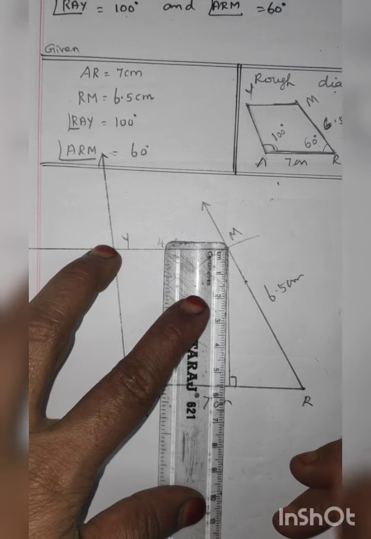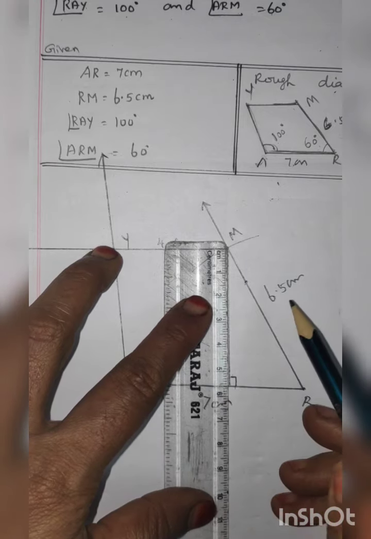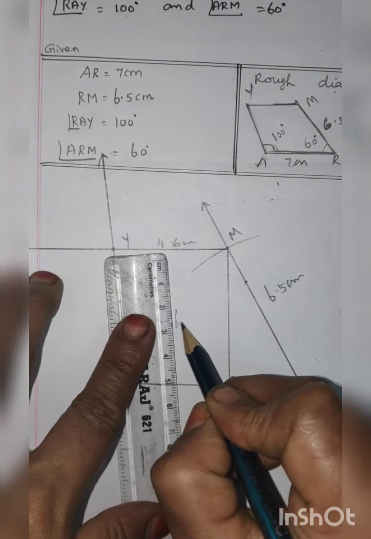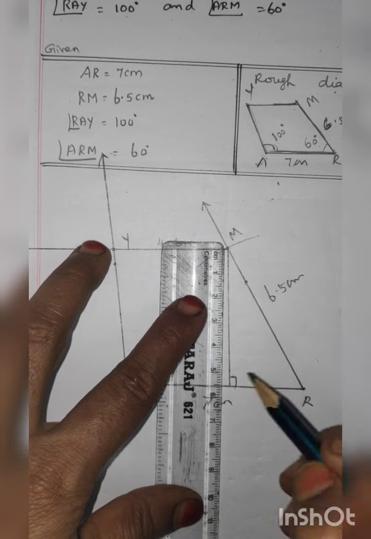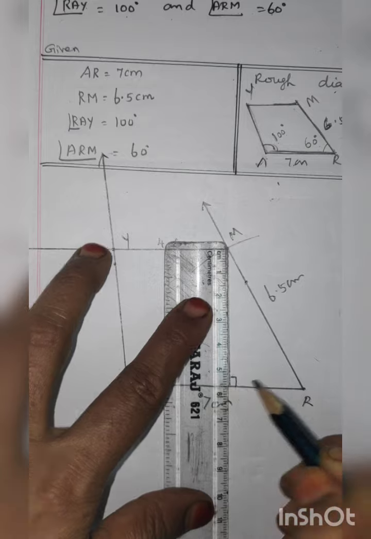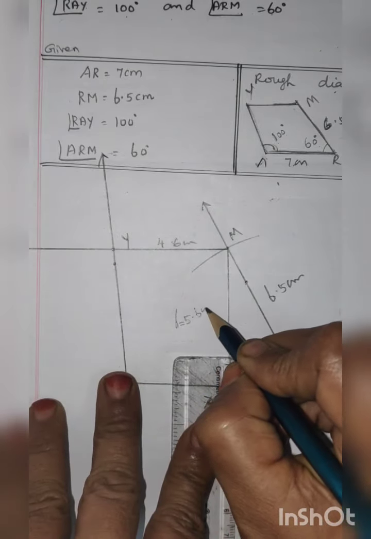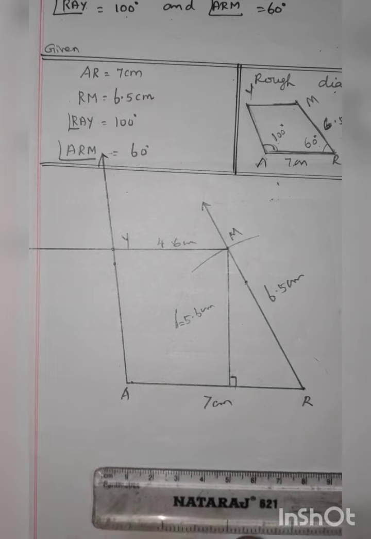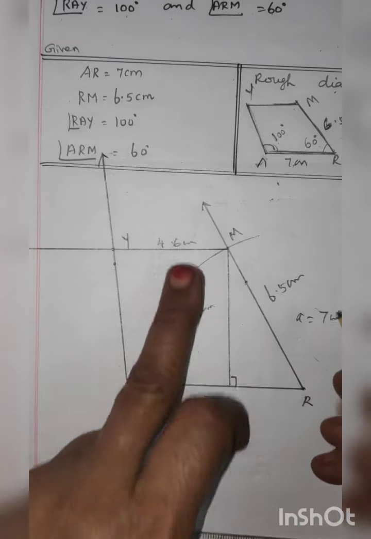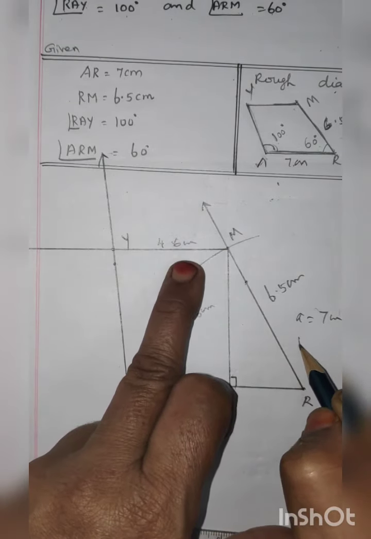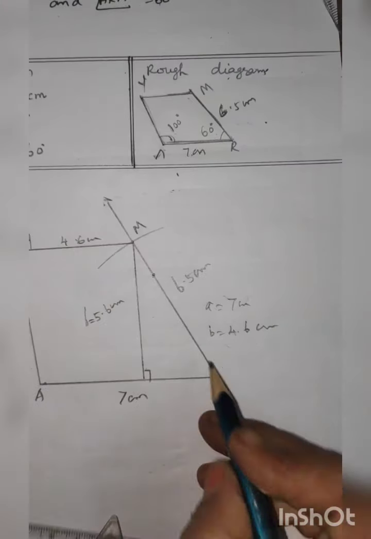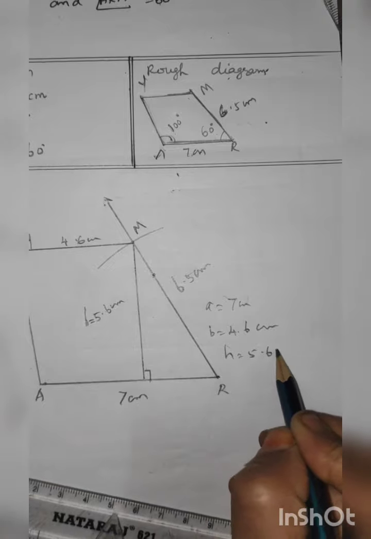Now you measure the H value. 5.5, 5.6. H equal to 5.6 centimeter. Now A value equal to the down length, 7 centimeter. B value, you must measure that value, they did not give the length, 4.6 centimeter. Next H value equal to 5.6 centimeter.